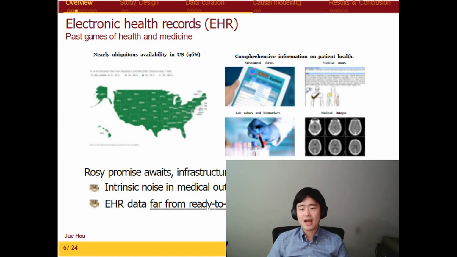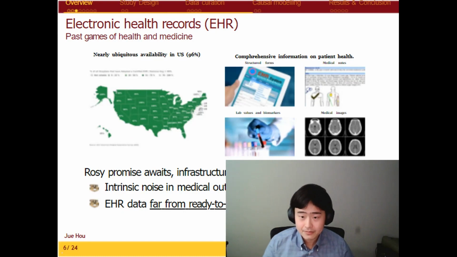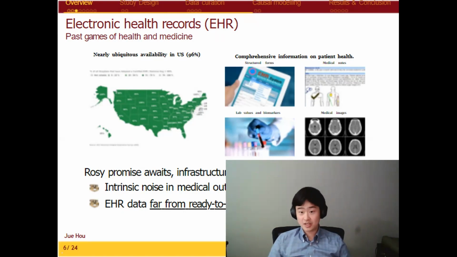And in the EHR, we have comprehensive information about the history of patient health, from structured data collected through the interactive tables, and also the medical notes in narrative format, and all kinds of lab values and biomarkers. Now these are more popular. We also have images from different diagnosis tools. So we have a really promising prospect for using EHR for all kinds of studies, including cancer.